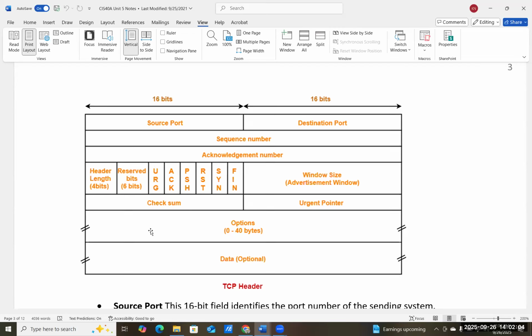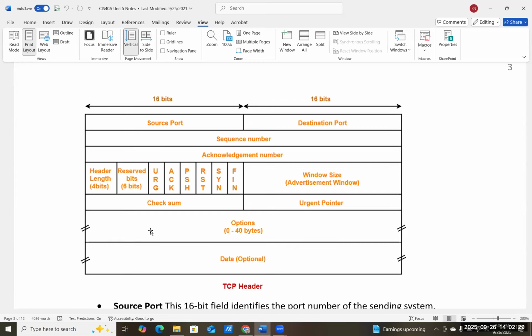So this tells it how big the header is, right? And these are just the reserved bits, but these flags actually have their place. For each packet, depending on what the intention for the packet is, you would have the flags turned on or off. Ultimately, at the low level, these are bits, binary, right?